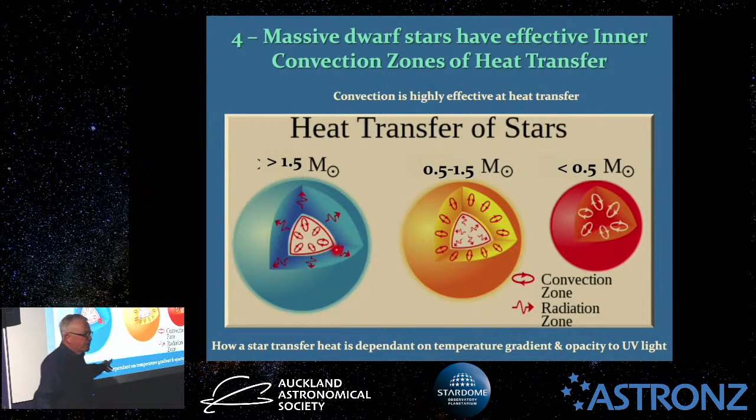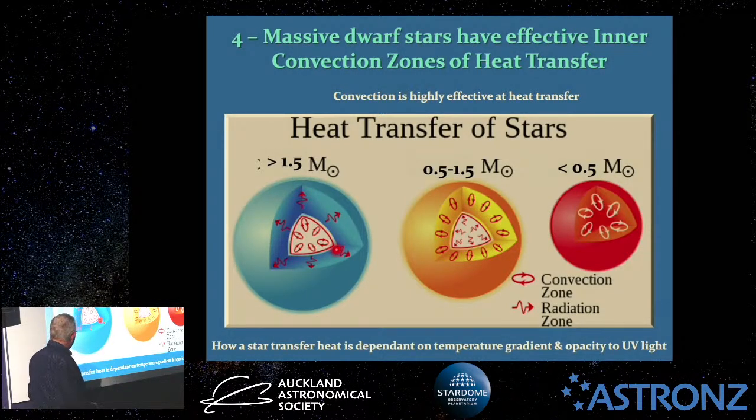Now you might say, well, why is that so? It all comes down to this: what determines whether you're going to do convection or radiation? It depends on the conditions within the star, whereby a very steep temperature gradient will favour convection, and the transparency or opacity to ultraviolet light in the hydrogen within the star determines whether it's radiation.